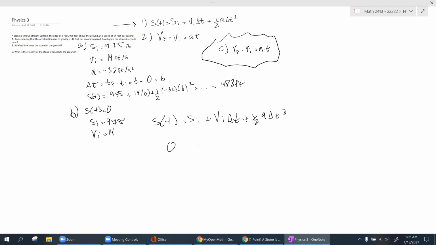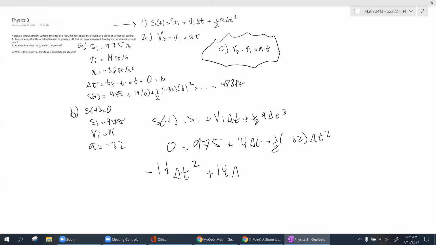I get 0 is equal to 975 plus 14 delta t plus 1 over 2 times my acceleration, negative 32, delta t squared. You can use delta t or just t. So when I polish this up, this is negative 16 delta t squared plus 14 delta t plus 975 is equal to 0.